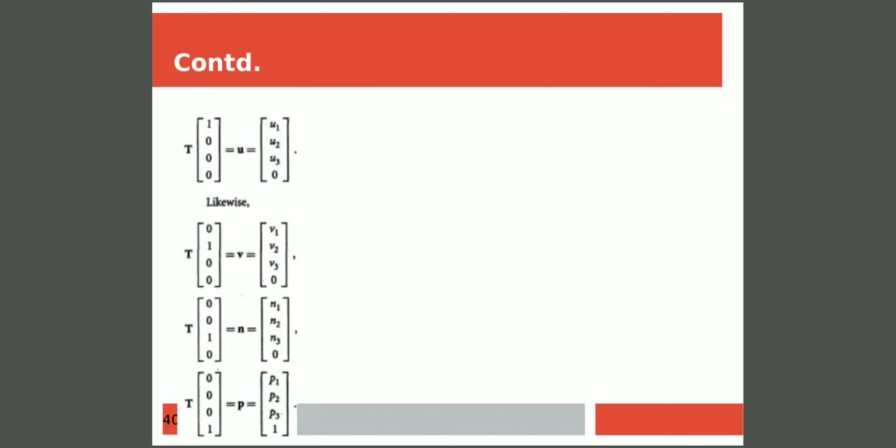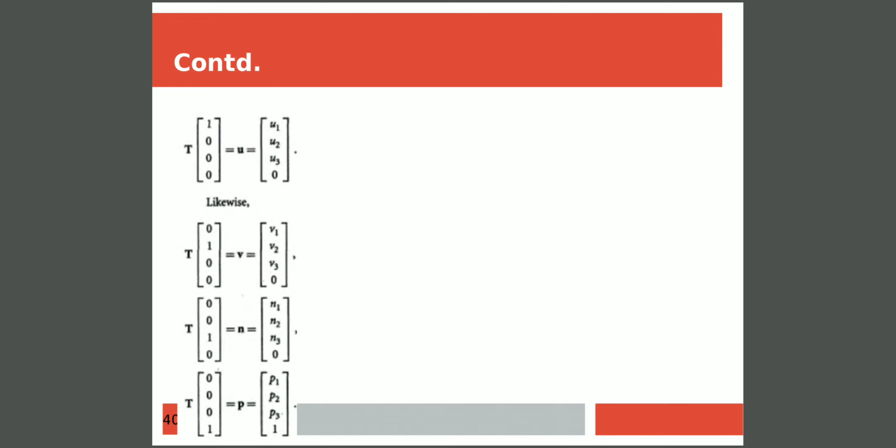P, that is P1 P2 P3 1 in a column matrix, can be represented as 0 0 0 1 in a column matrix. These are the specific values which can be given for the basis vectors u, v, n and the origin point P in the homogeneous coordinate system to calculate the specific values for the matrix C.